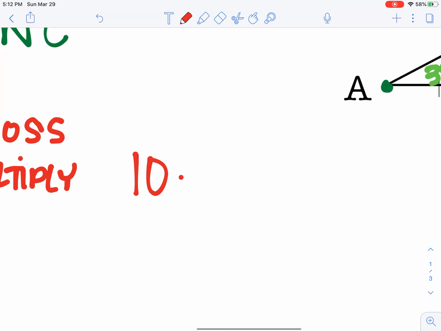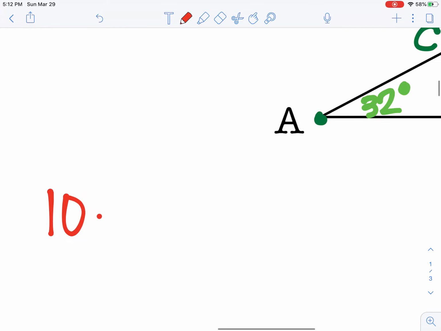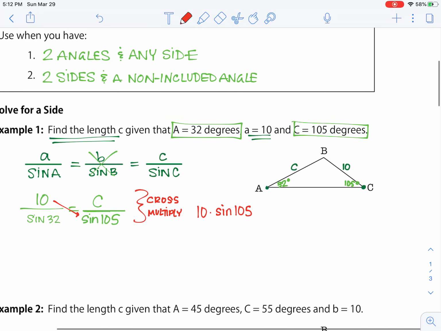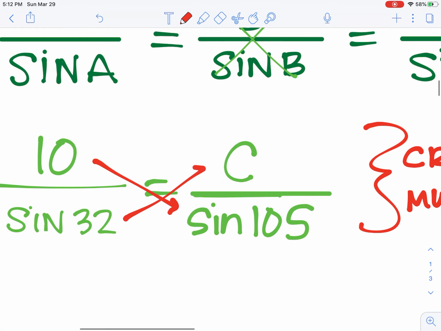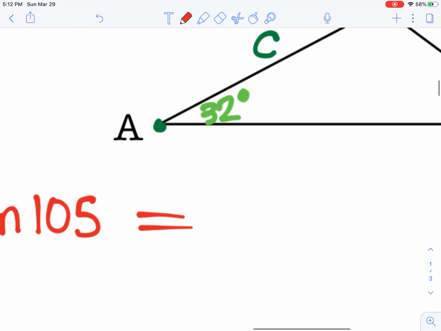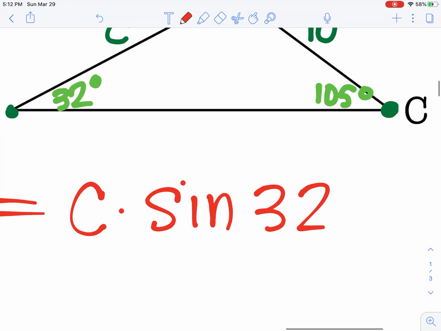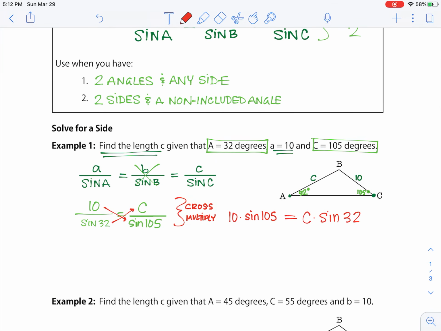So that should be 10 times the sine of 105. We set it equal to our other cross product, which is c times the sine of 32. We have to do this because we can't always solve for variables when they are sitting in a fraction, so it's easiest to get this written without fractions so that we can get c in this particular case by itself.